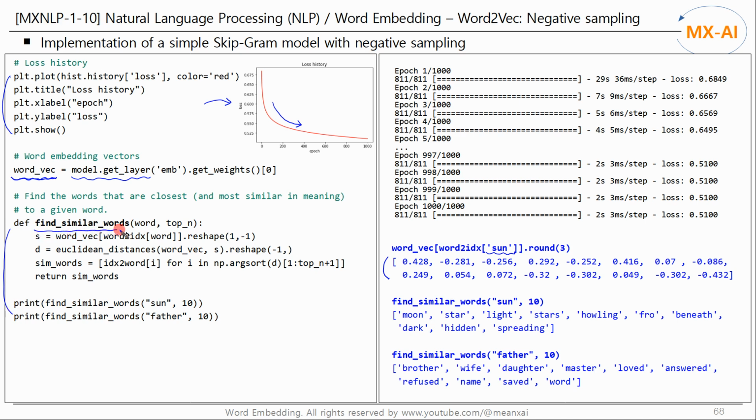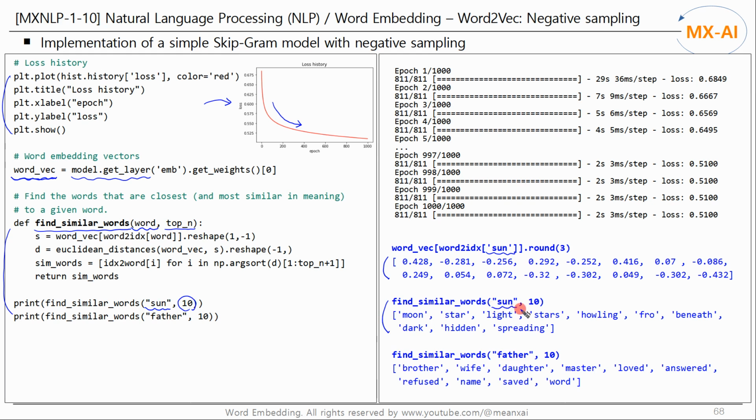We write a function that finds the top n words in the word embedding space that are closest to the embedding vector of a given word. Let's use this function to find the 10 most similar words to the word sun. The results are as follows.